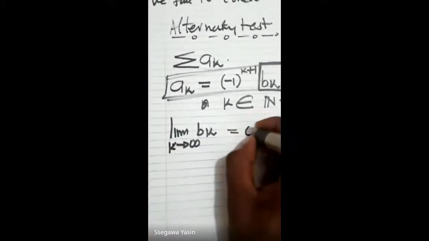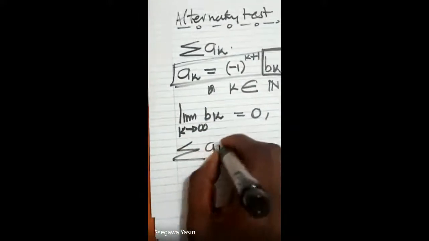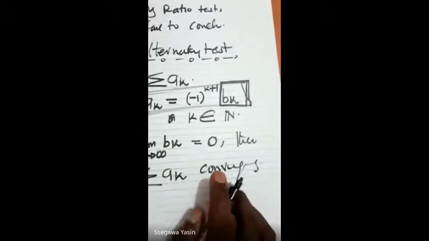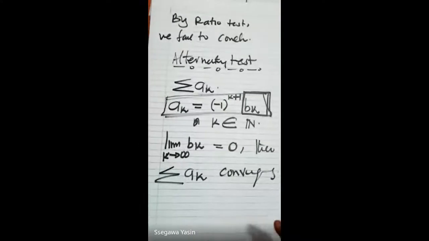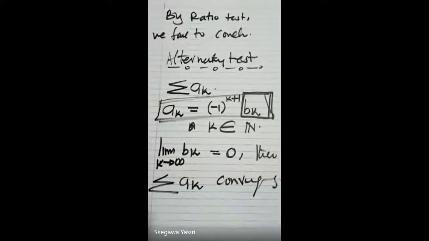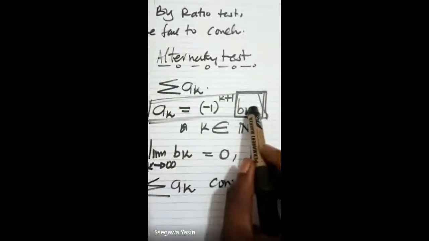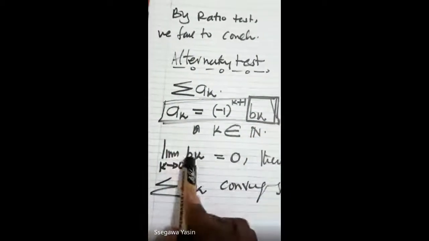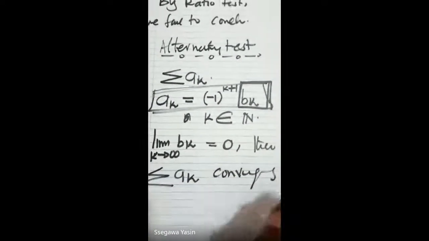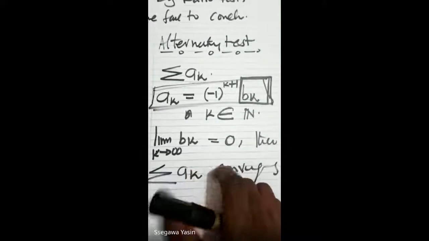If it goes to 0, then you go back and conclude that the cell I started with converges. Is there any question, please? We have said you are given a cell, you pick a sequence, you rewrite it as this form. From here, you pick this, you take its limit. When it goes to 0, you conclude that it converges. Otherwise, it doesn't converge, meaning that this one specifically must be a 0. If it is not a 0, then you say it diverges.